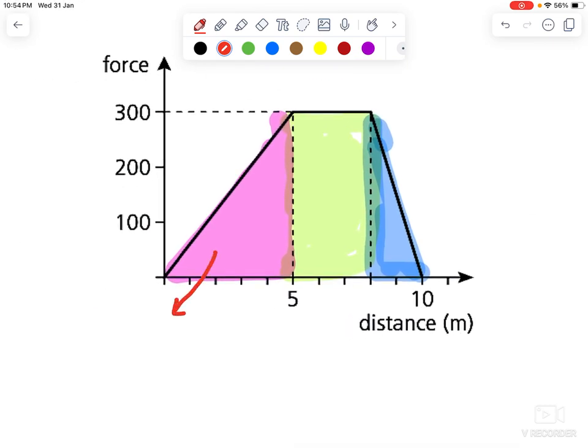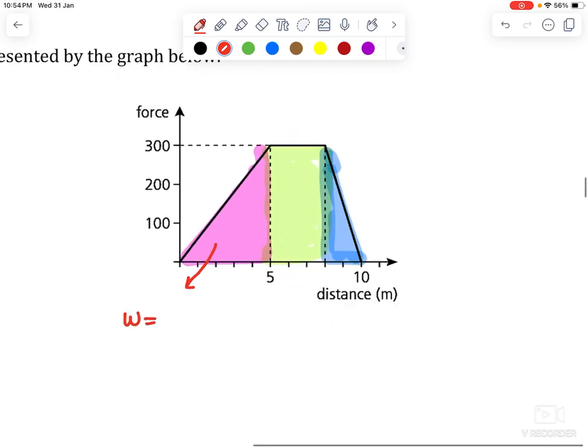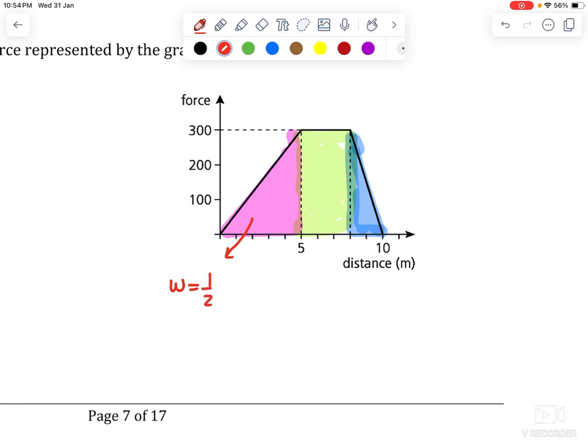So here the work is half base times height. The base is 5 and the height is 300. So 0.5 by 5 by 300, so 750.